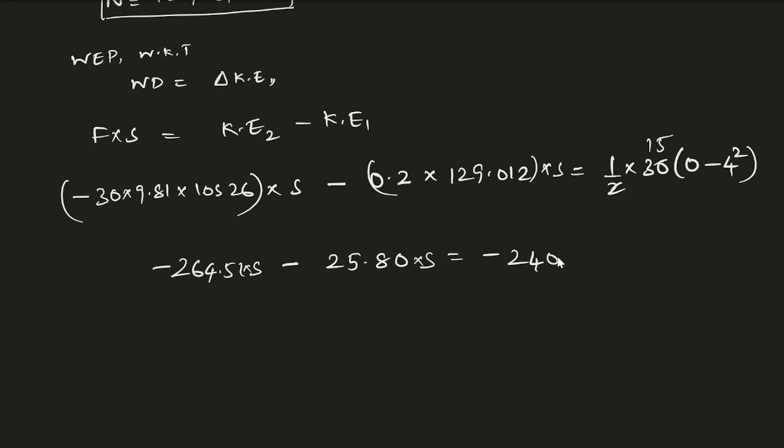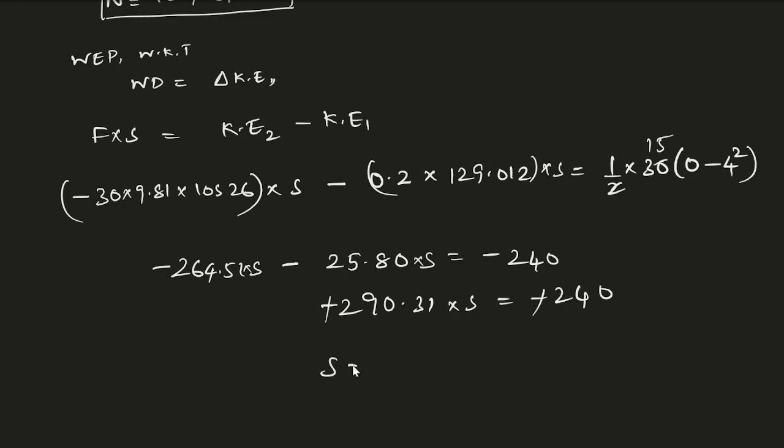So minus 264.551 minus 25.80 is minus 290, because both of these are multiplied by s, so we can add them. Minus 290.31 s equal to minus 240, the minus will get cancelled.